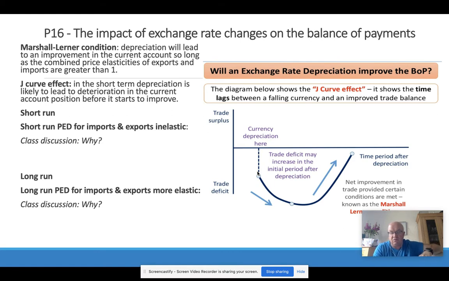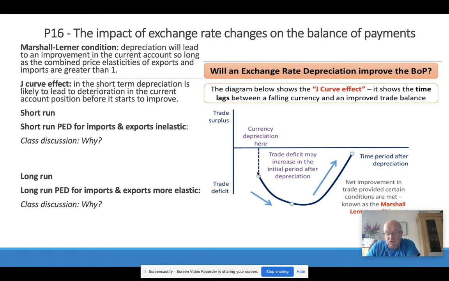So I'll give you a few minutes to do that, and then we'll carry on and take a look at the difference between the short run and the long run as far as the J-curve and the Marshall-Lerner condition are concerned. Okay, so over to you to do a little bit of work yourself.